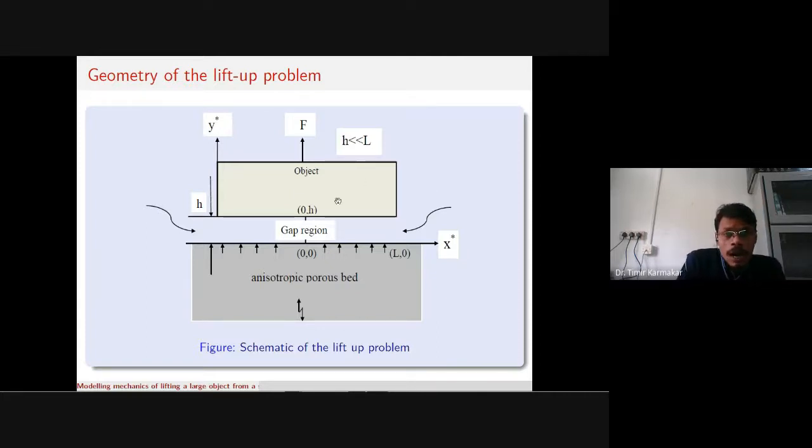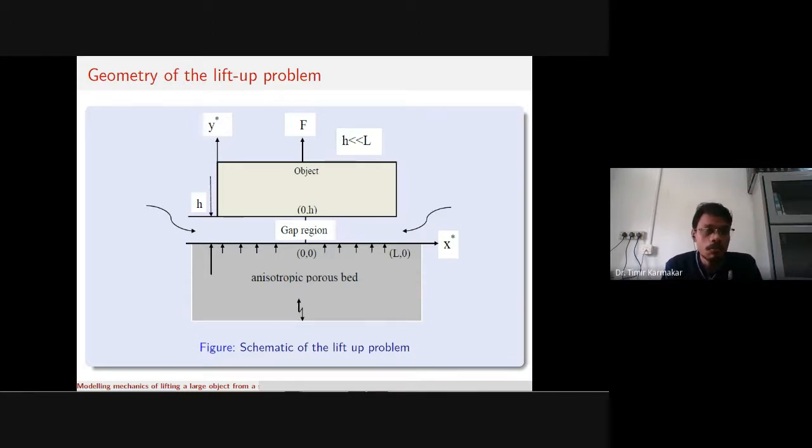Neutrally buoyant means the buoyancy force is balanced by the weight of the object, so we don't have to worry about them.